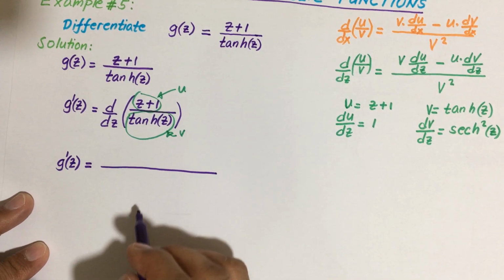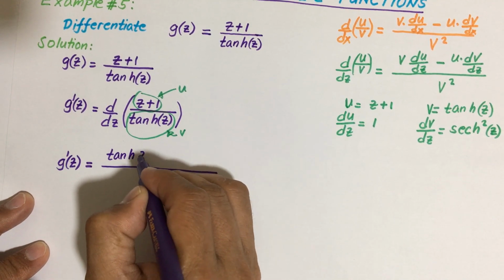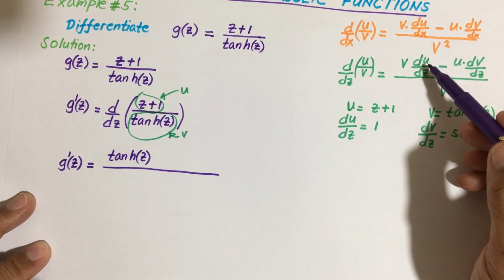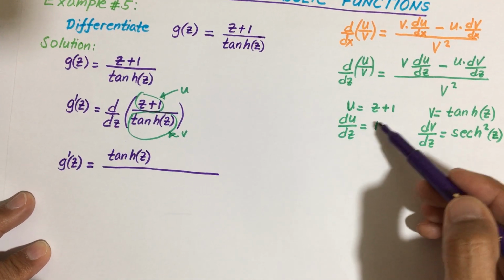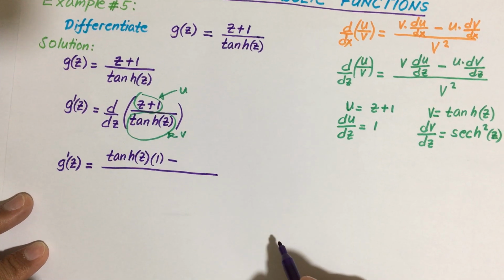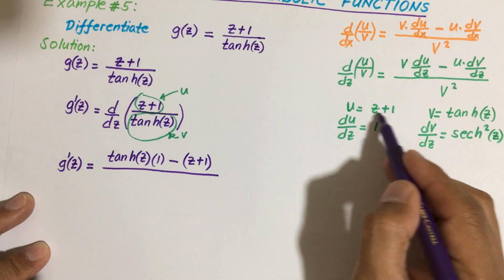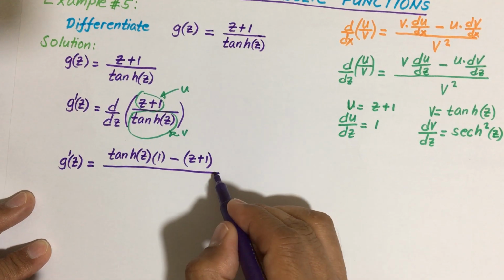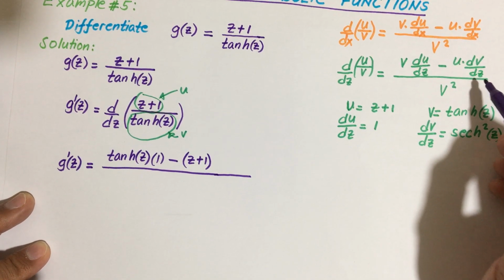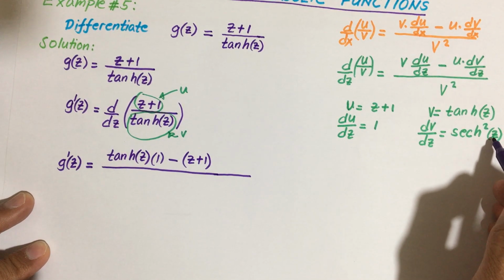So our v is equal to hyperbolic tangent of z, then multiplied by the derivative of u with respect to z, which is equal to 1, so times 1, then minus u, our u is z plus 1, times the derivative of v with respect to z, which is the square of the hyperbolic secant of z.